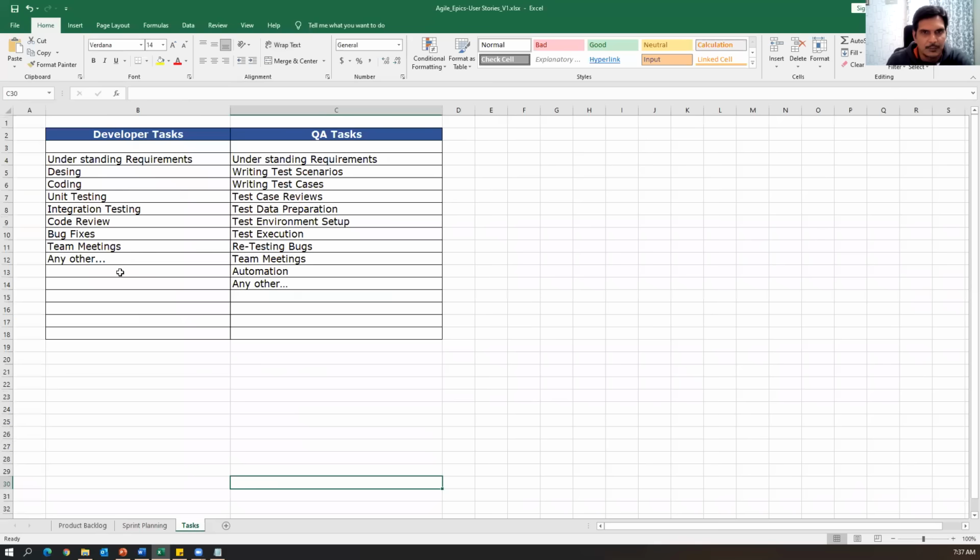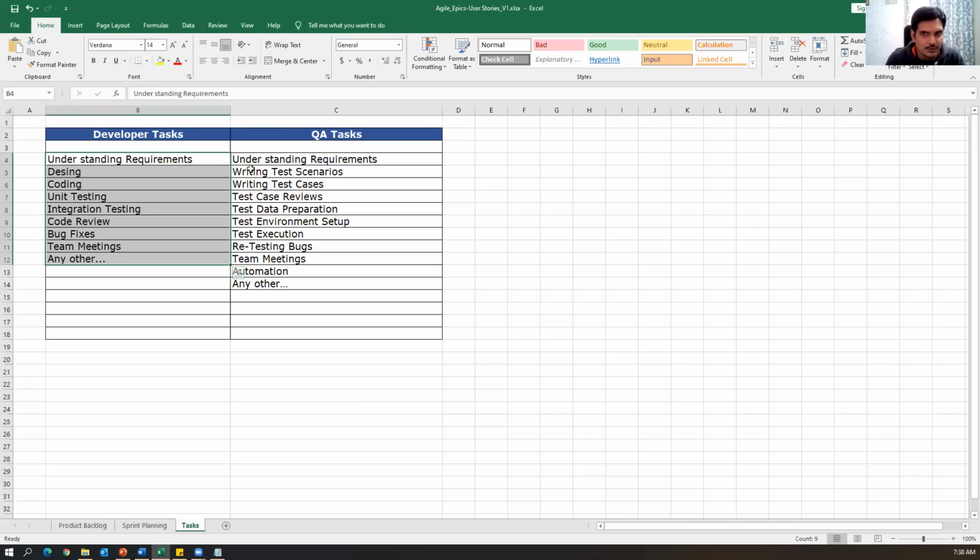They will understand the requirements, design it, code it, do unit testing, integration testing, and code review. Whatever code they have written, they will review it. And bug fixes: suppose the tester reports some bugs, the developer has to fix them. And whatever internal team meetings they conduct, all these are developer tasks. For that particular story, he has to complete all these tasks. Then only he says the story is completed from my end, from the developer's point of view.